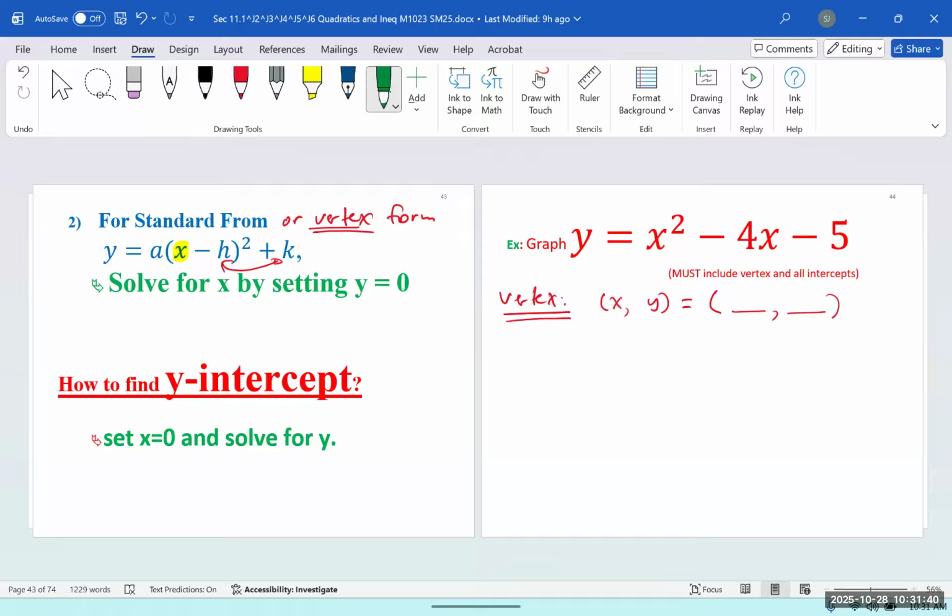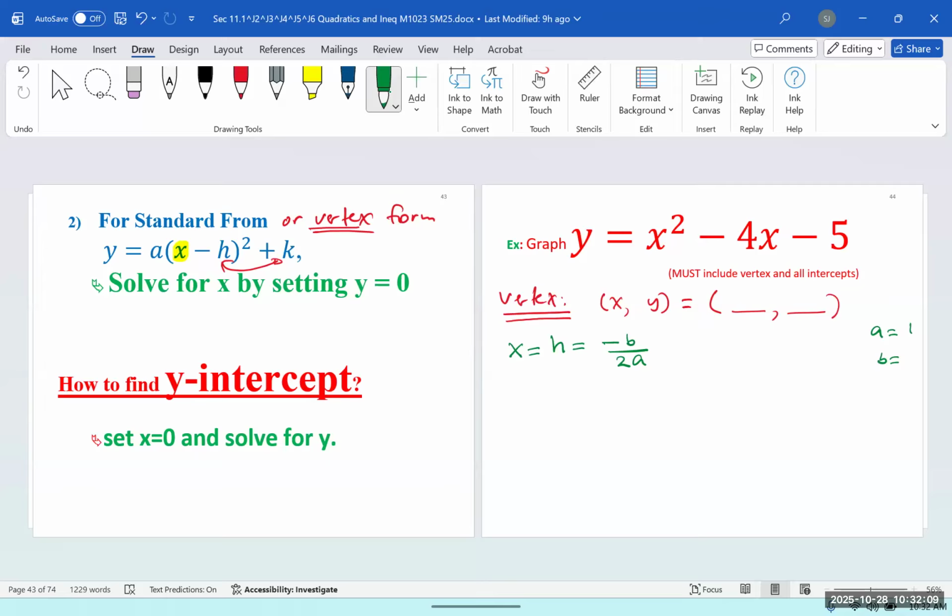Do you see the vertex in this format? No, that means we use the formula. So the x value of the vertex is represented by h, the letter h. It's negative b over 2a. That's the formula. That means you need to know what is your a and what is your b here. What is your a in this formula?